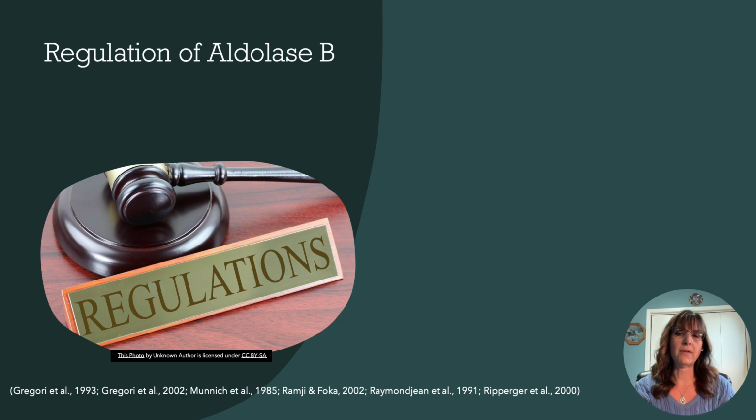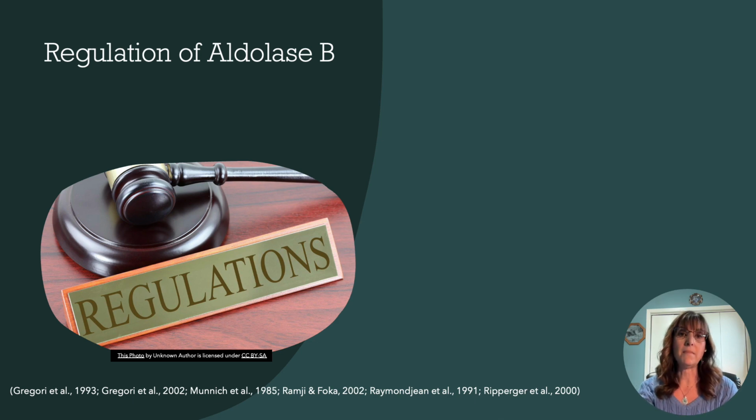Now, we've already talked about the isoforms of aldolase, and aldolase B is a significant isoform because it's used mainly in the liver in gluconeogenesis and in fructose metabolism. It is also used in glycolysis as necessary, but its main functions are gluconeogenesis and fructose metabolism.